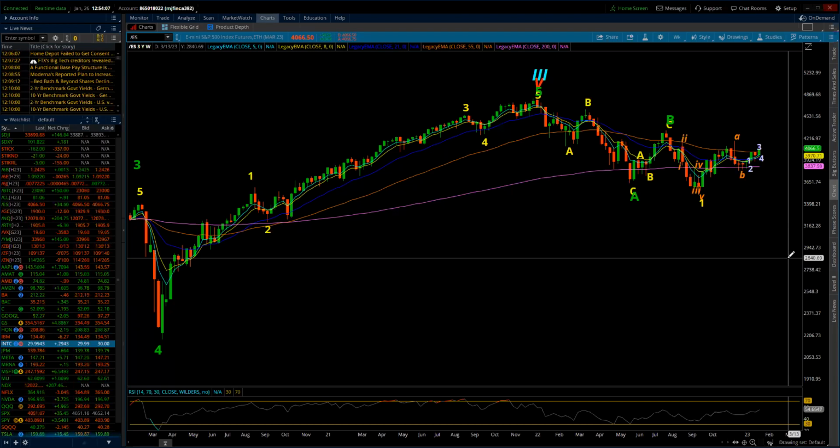Then he noticed that there's a relationship between these numbers, but you kind of got to get up a little bit. If we take a look at the number 3 to the number 5, 3 is 0.618 of 5. 5 is 0.618 of 8. 8 is 0.618 of 13. And you can do that all the way up. So you start to develop these relationships between these numbers.